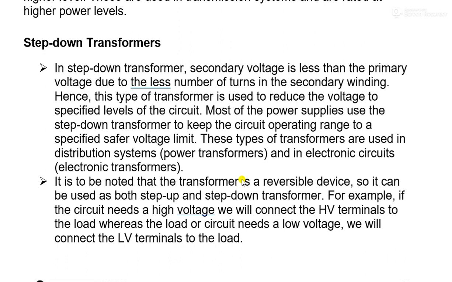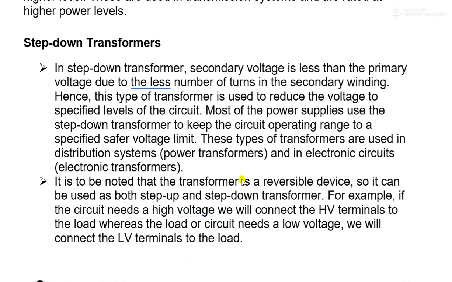Step down transformer. In a step down transformer, the secondary voltage is lesser than the primary voltage due to fewer turns in the secondary winding. Hence, this type of transformer is used to reduce the voltage to a specified level of the circuit.